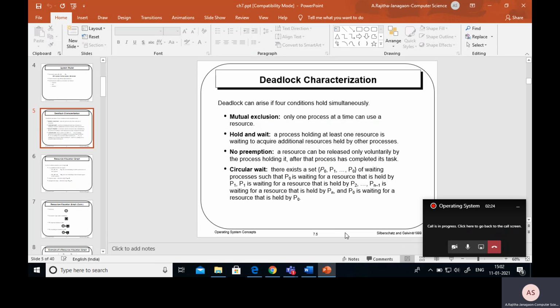Coming to mutual exclusion: only one process at a time can use the resource. That is, at least one resource must be held in a non-shareable mode, so only one process at a time can use the resource.